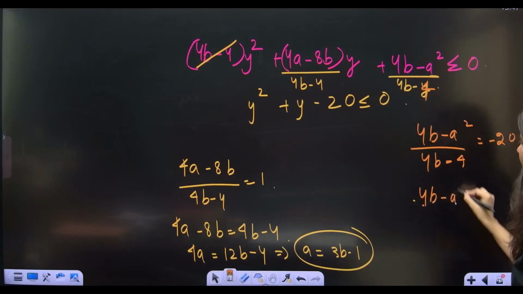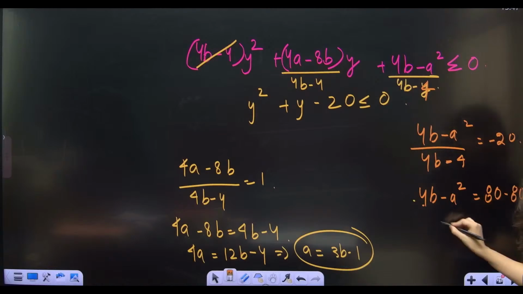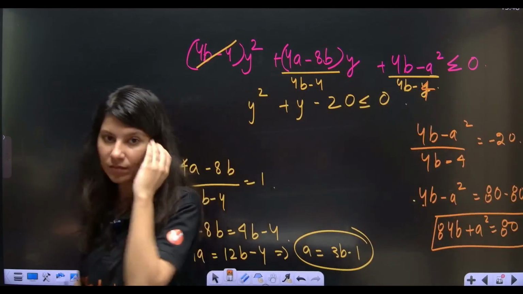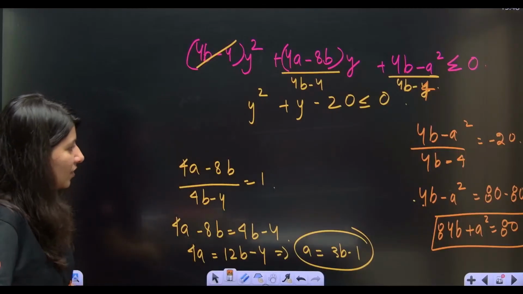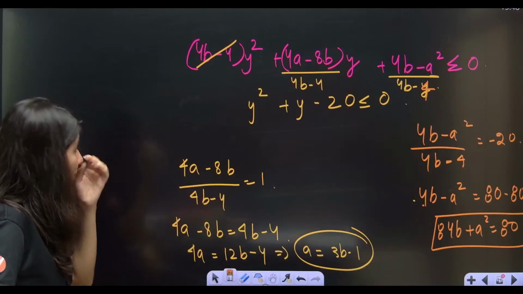4b minus a square is equal to 80 minus 4 into 80b. So 84b plus a square is equal to 80. So now you have to solve these two equations, put the value of a, eventually get a quadratic in b and solve it.